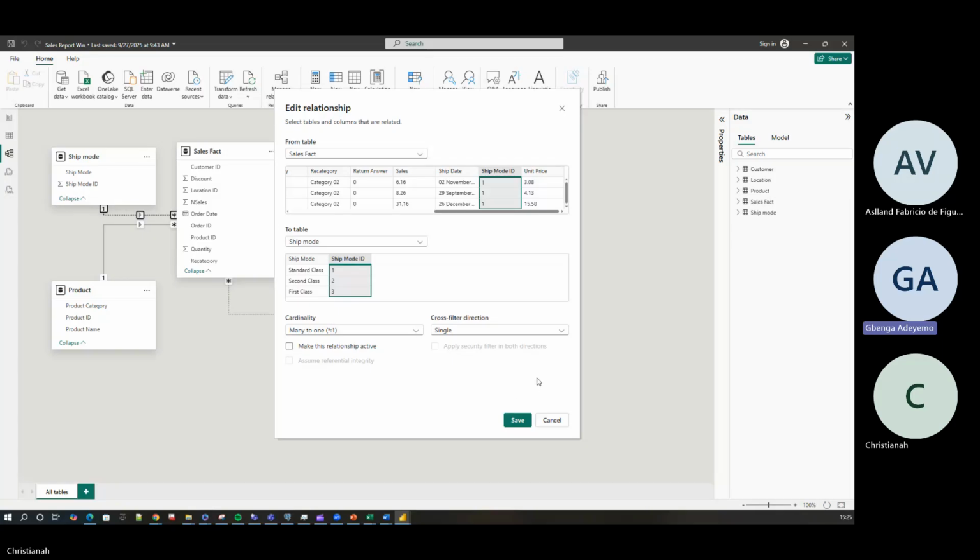So we have what is called active and inactive relationship. There are different reasons why we usually have an inactive relationship, which I'm still going to explain by the time we get to what is called role-playing dimension. And I'll give you guys some assignments. You are going to be reading a lot of things in this class, because a lot of things we can't really touch base.